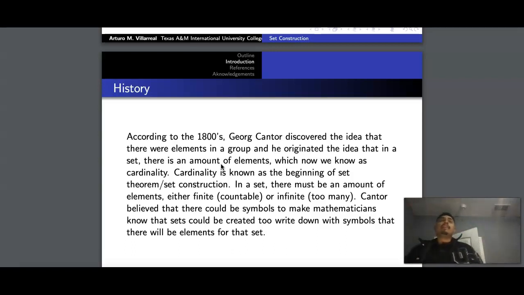He found that a set can be either finite or infinite, meaning that a finite set is something that is countable, while an infinite set is something that is not countable, meaning that it has too many elements. He also came up with symbols to show that there can be too many elements for that set, or that only certain elements make the set true.